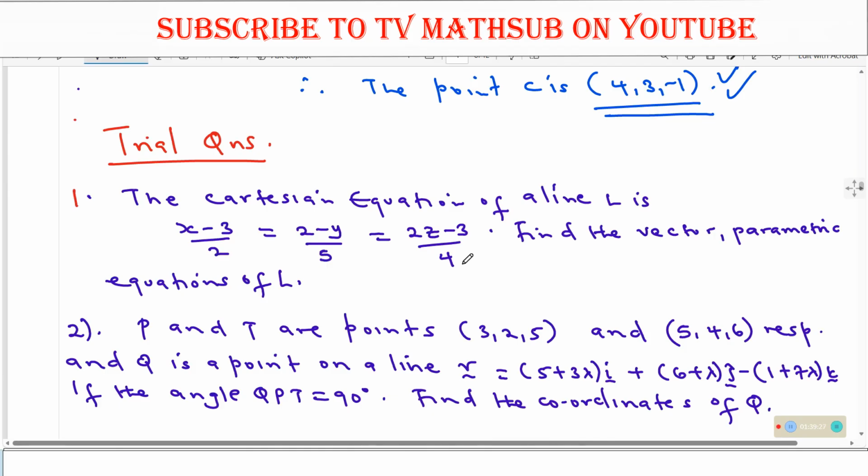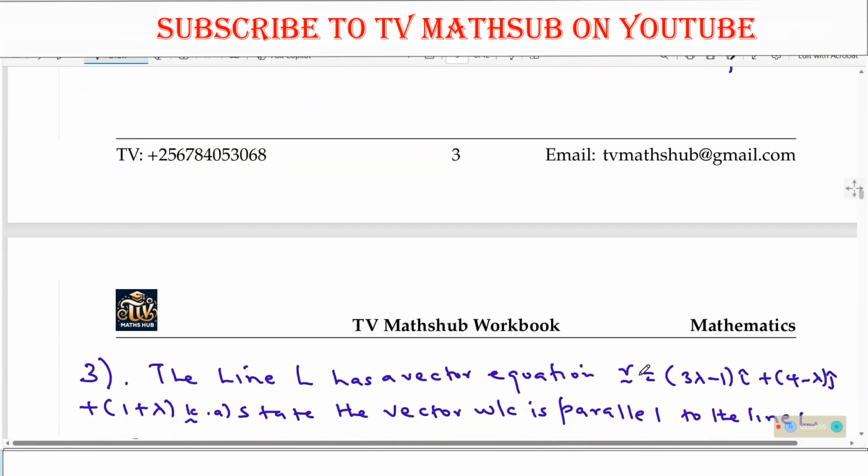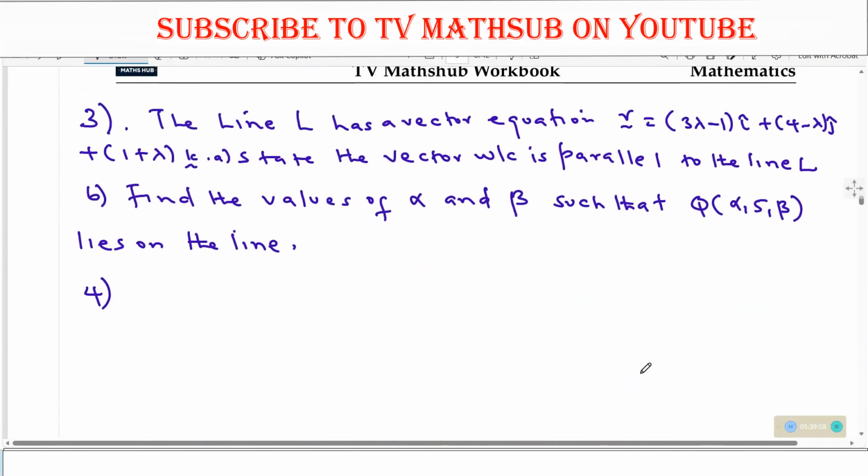I need the parallel vector or the direction vector. You have x minus 3 over 2, 2 minus y over 5, 2z minus 3 over 4. Get for me the direction vector. Okay. You have put it down? Yes. Okay. Manipulate that as I put the last question.